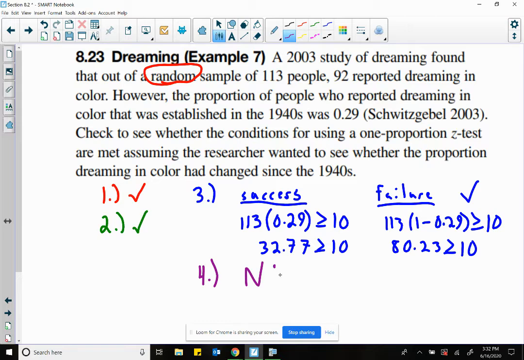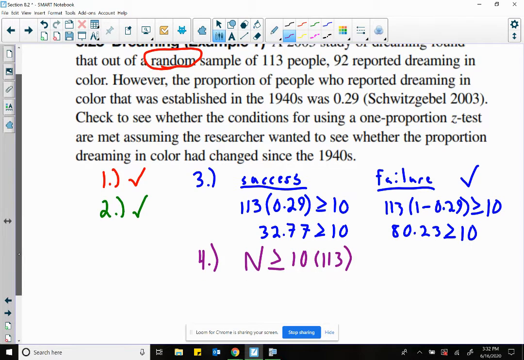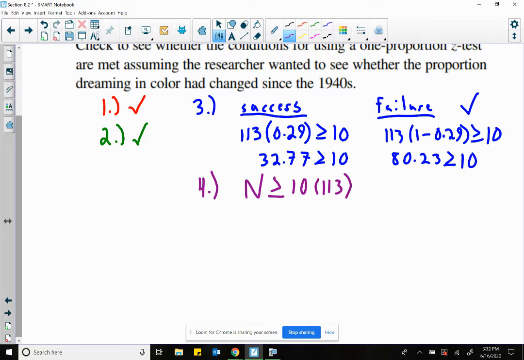We want to know, is that greater than or equal to 10 times our sample size? So 10 times 113 is 1,130. So the amount of people, let's just say in the world, is that bigger than 1,130?